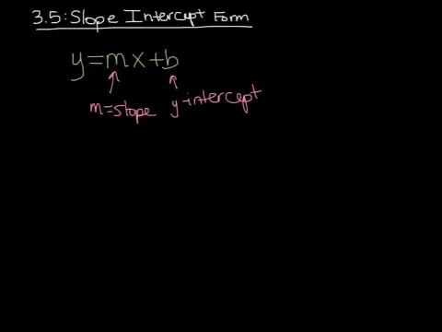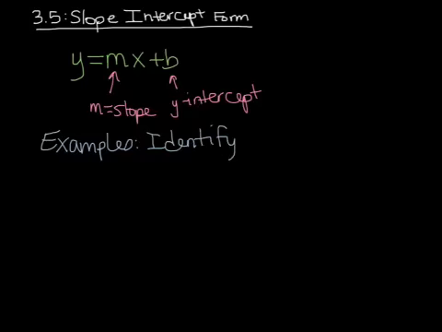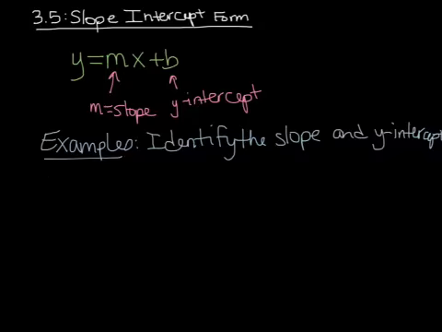So I'm just going to go straight into a few basic examples. And for our first set of examples, all I'm going to ask you to do is to identify the slope and the y-intercept. So my first example is y equals negative 3x plus 8.